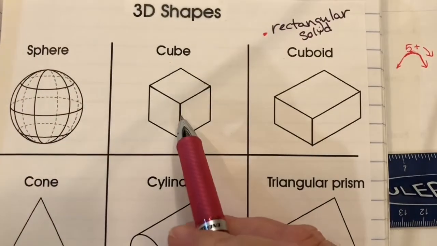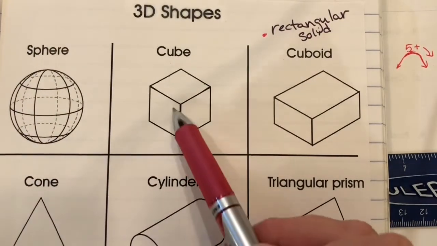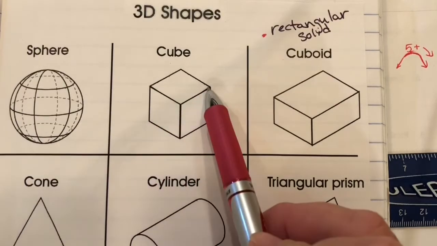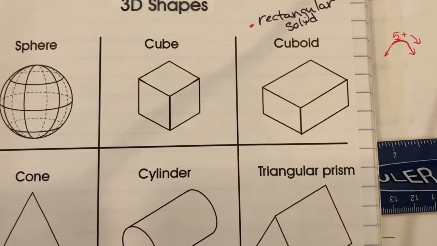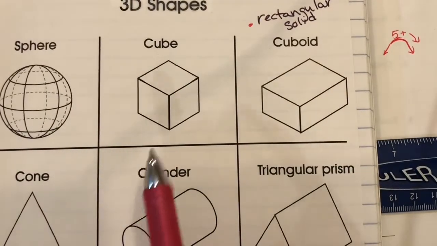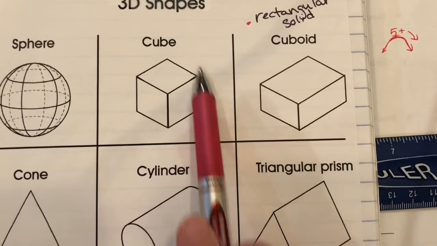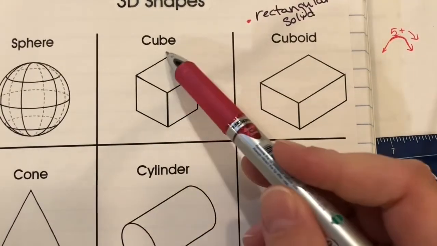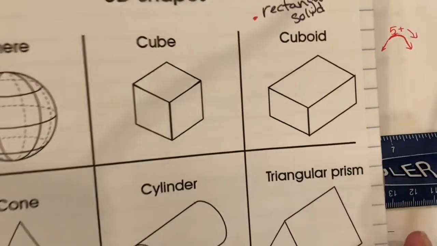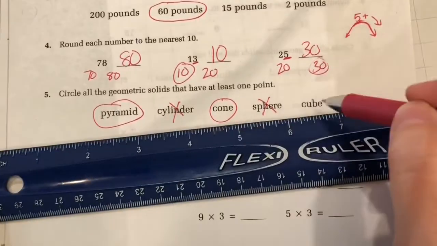A cube is like dice that we play a game with. It's square on all sides. And some boxes are cubes. A lot of them are rectangular solids or rectangular prisms. Cube is square on all sides, and there is a ton of points on a cube, isn't there? So cube is a yes.